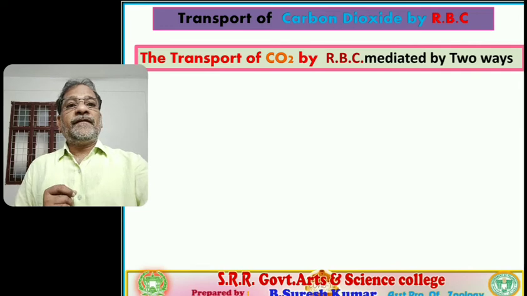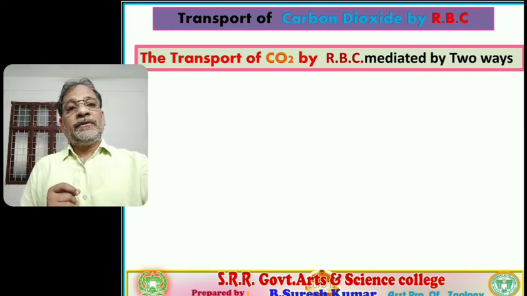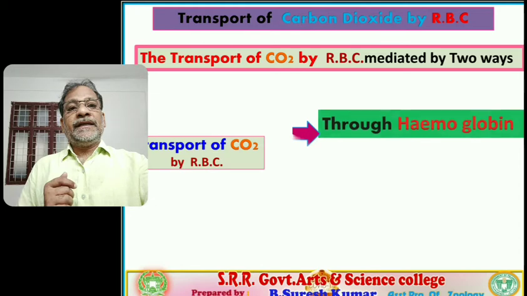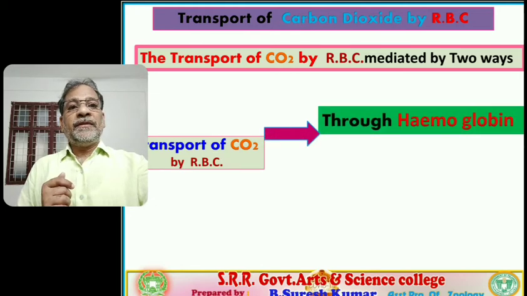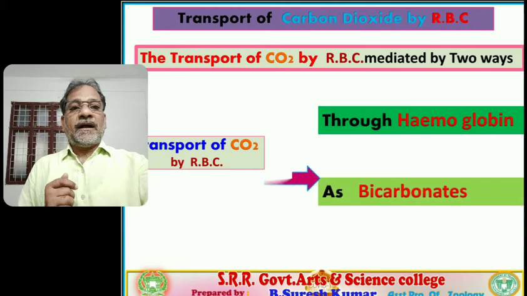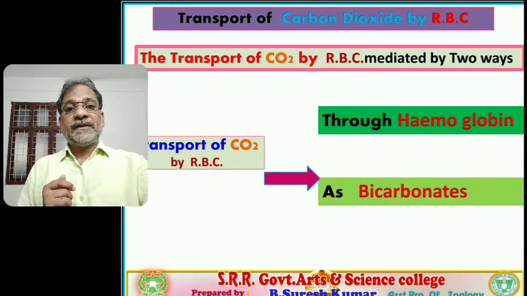Yes. Next, let us see the transport of carbon dioxide through RBC. In what way is it achieved? It is mediated in two ways: first through hemoglobin, and second as bicarbonate form, which was explained by scientist Hamburger, hence it is termed Hamburger's mechanism.